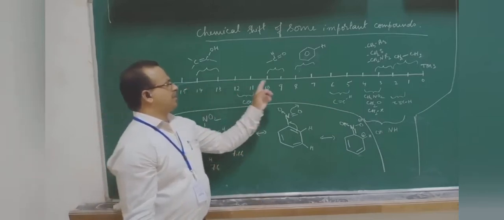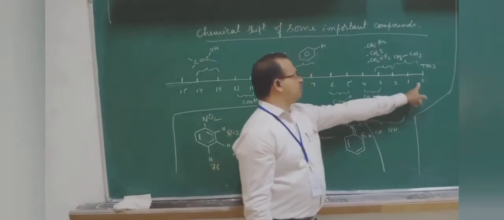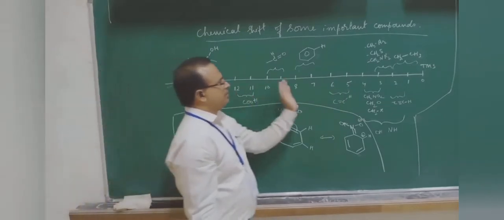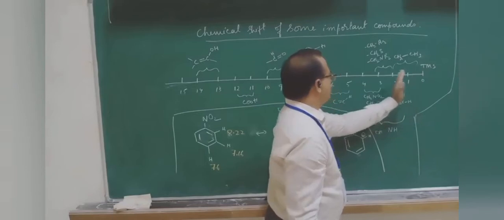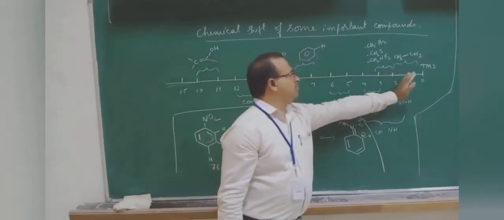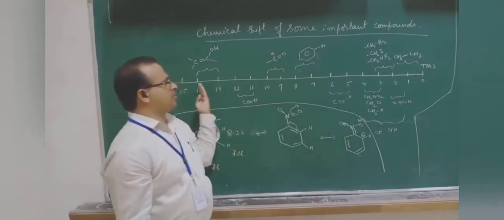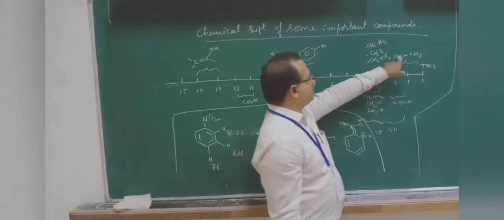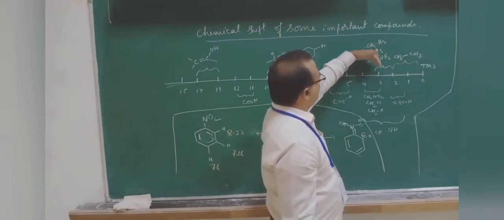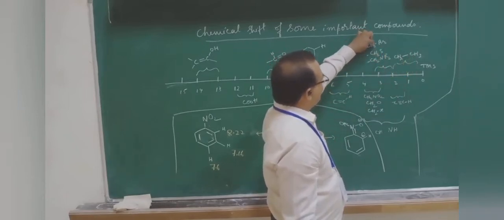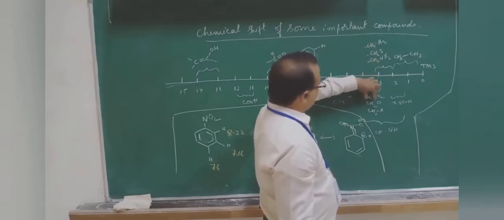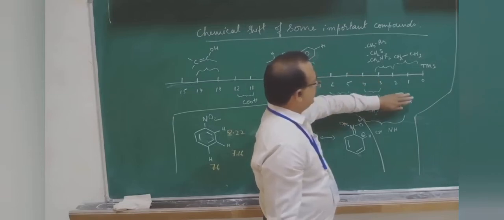And this is the NMR spectrum scale. It goes from 0 to 15 chemical shift values. On this side, highly shielded protons, and on this side, deshielded protons, or upfield protons and downfield protons. Alkyl protons values will be here. This CH2 attached to aromatic comes around here, then CH2O, CH2NO2, CHX, and the acetylene protons.